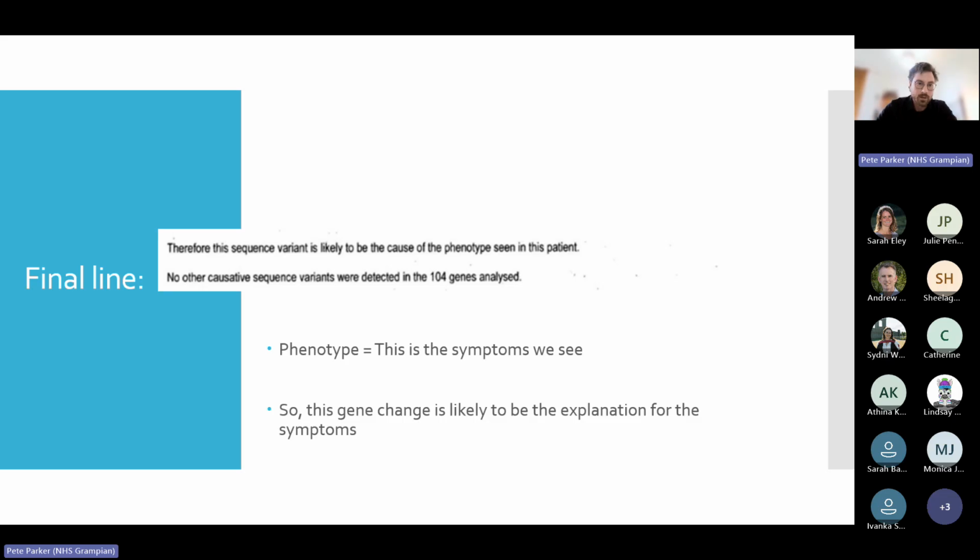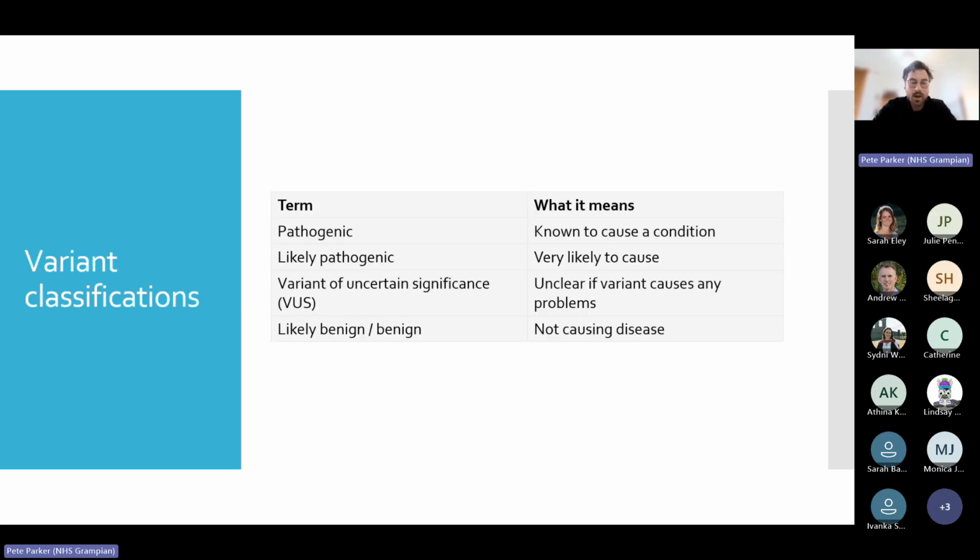But the person interpreting the report might, based on the symptoms, be more certain than 90%. So they might interpret the report with more certainty. And if it's pathogenic, that means that we're very confident that it's causing the condition.